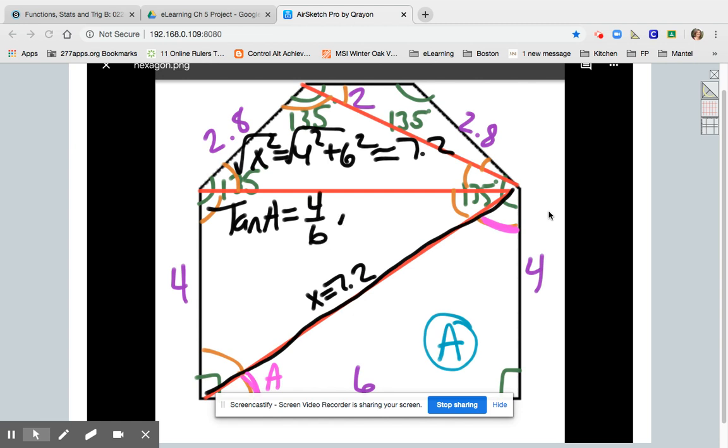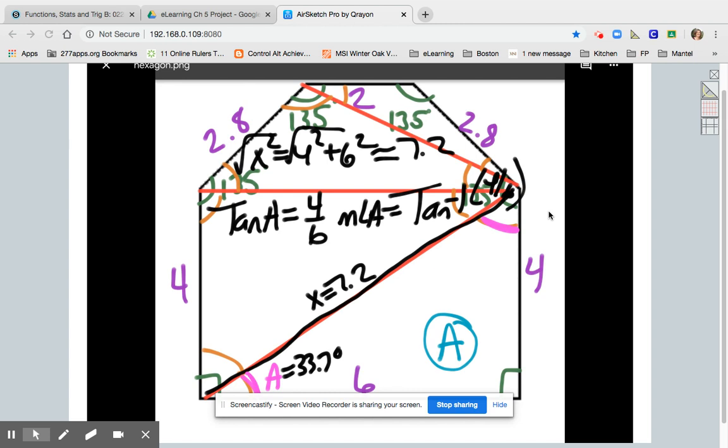To find the measure of angle A, I do the inverse tan: tan^-1 of 4 over 6. When you simplify that, you get 33.7. So I'm going to jot down that this is 33.7 degrees.